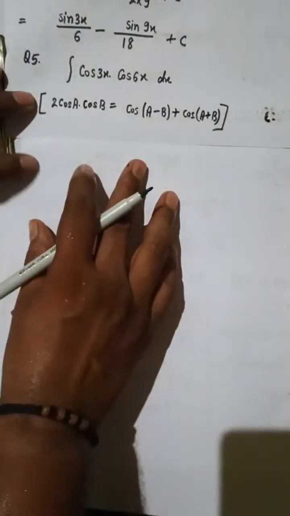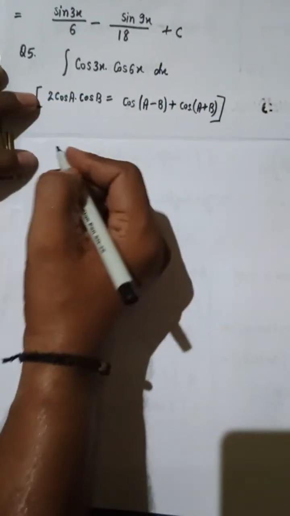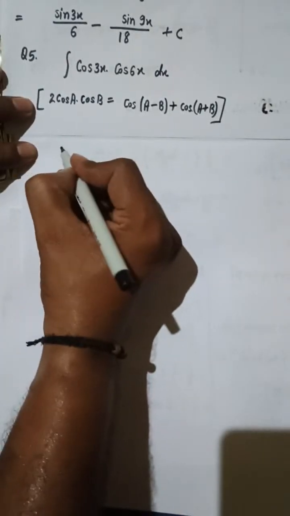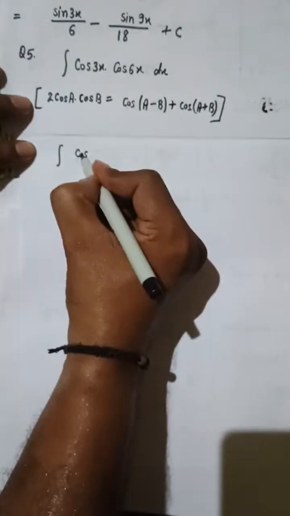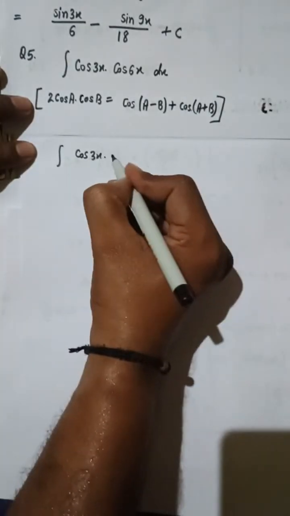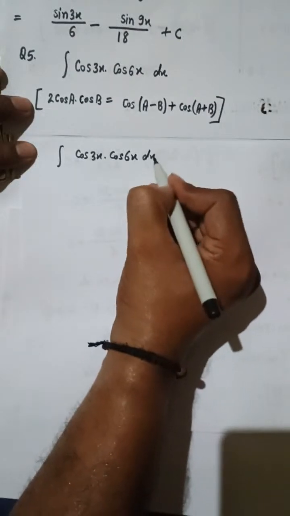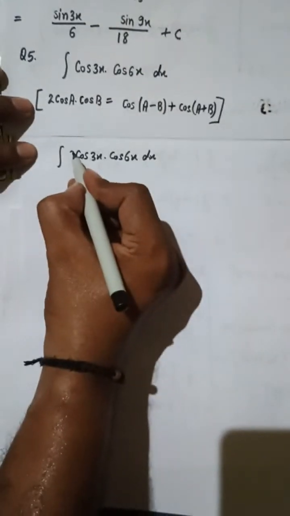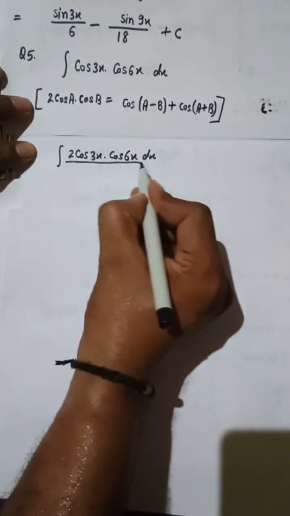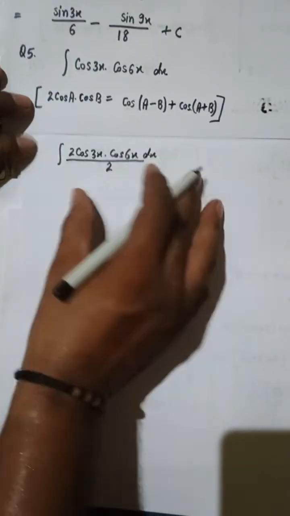Okay, so let's solve this one. Here I have integration cos 3x into cos 6x dx. So I'm going to divide it by 2 and multiply with 2, so there is no change in the problem.